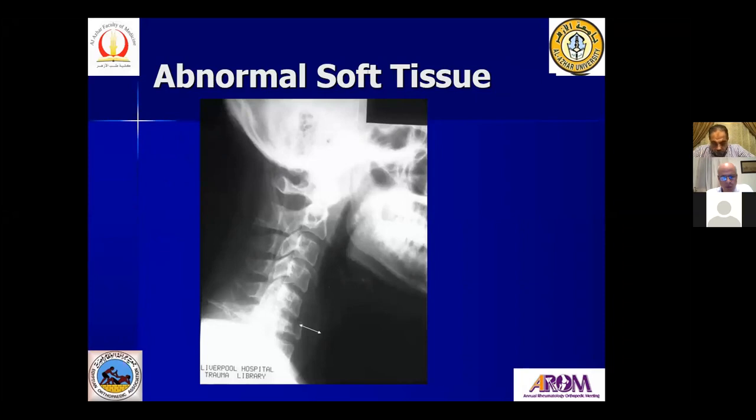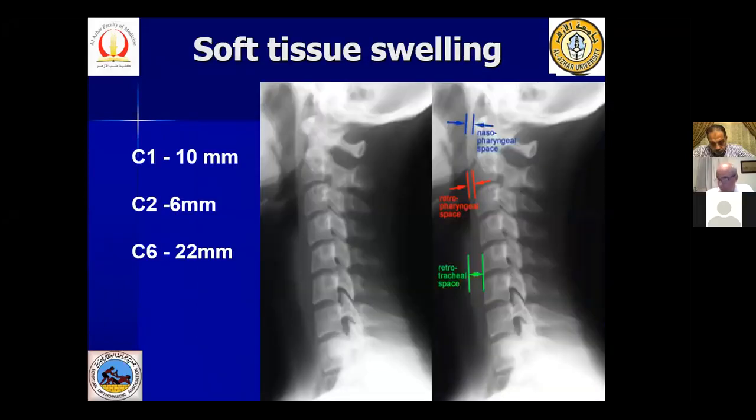Now we are speaking about the soft tissues. The soft tissue represents the space between the trachea and the pretracheal fascia. This is the normal retropharyngeal space at C2, and in the distal part it is the retrotracheal space. I have something you can say: 2 6 6 2. 2 means that at C2, it is about 6 millimeters.